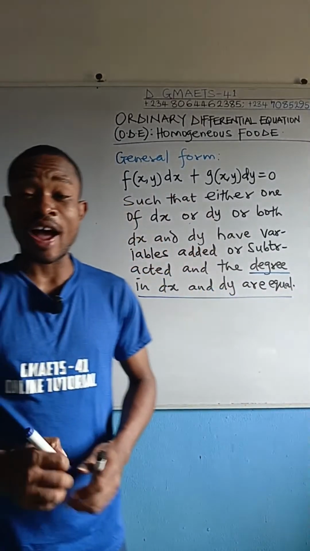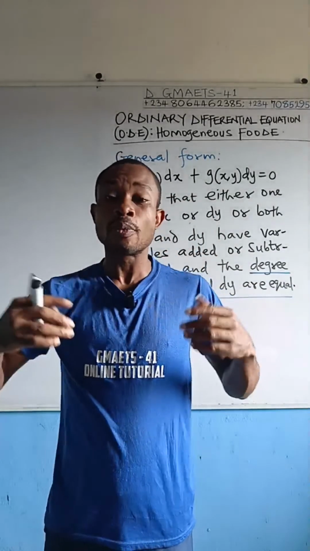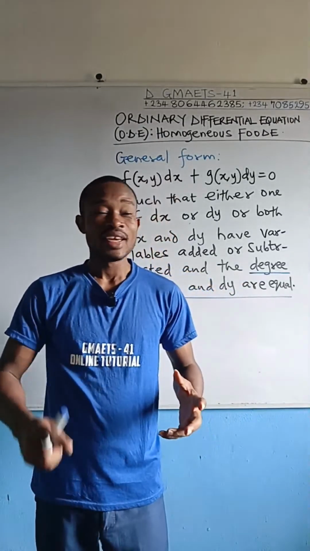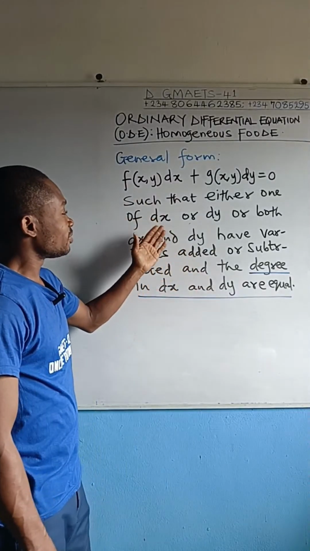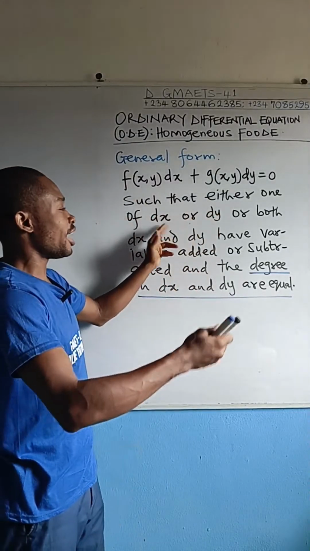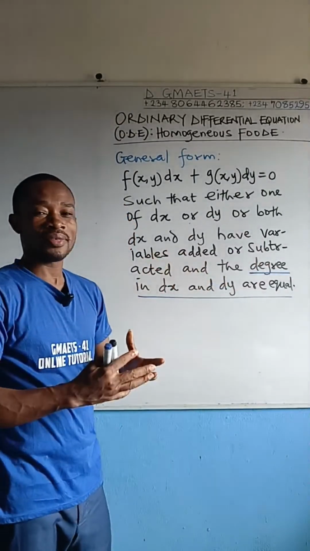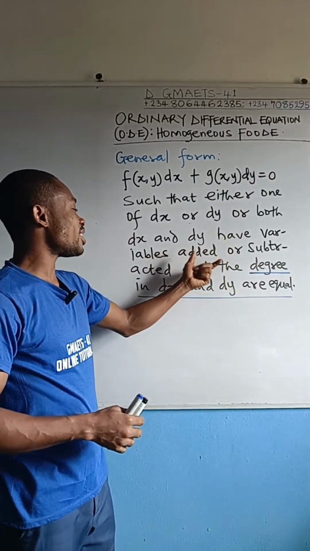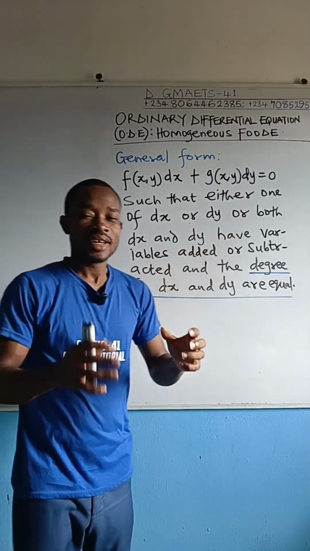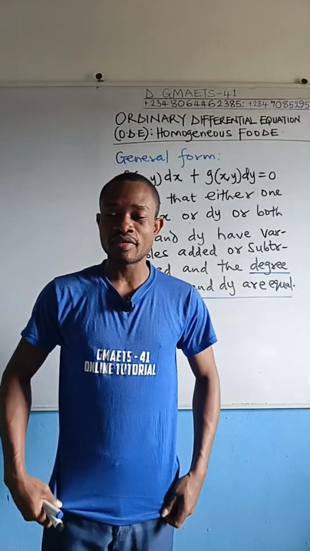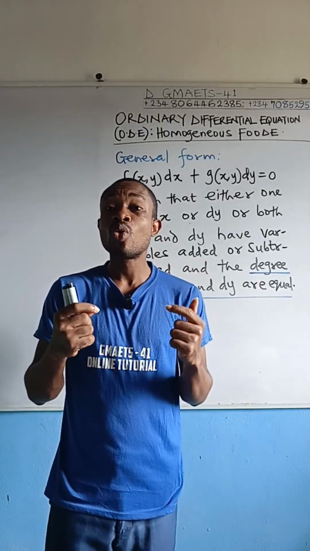As a matter of fact, that is actually what helps us to identify a homogeneous FODE. The first part that I said, that either one of dx or dy or both of them have variables added or subtracted, is something that we usually notice when dealing with homogeneous equation problems.